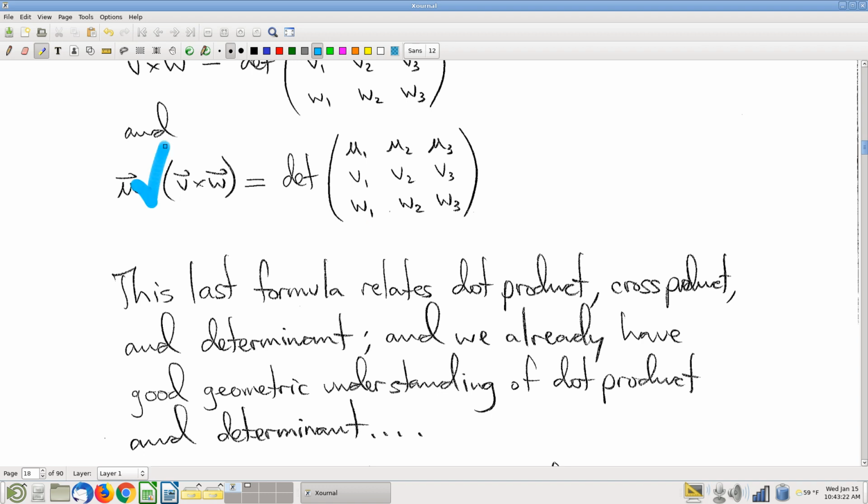We already understand dot products geometrically, right? Pretty well. We know a lot of geometric information about dot products. We understand determinants pretty well geometrically. I have then here a formula that relates the construction I'm trying to understand geometrically with constructions I already understand geometrically. And so there's a foot in the door, right? This is how we're going to understand cross products better.